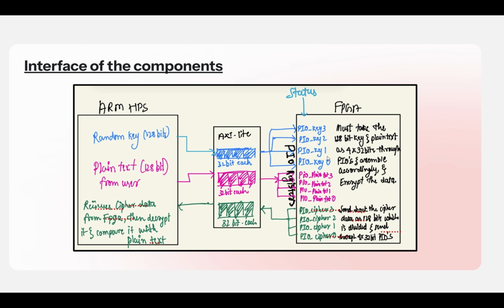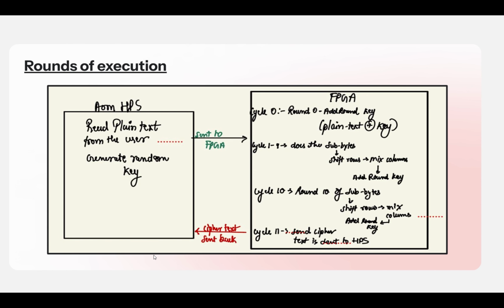After encrypting, the FPGA divides the 128 bits again and sends it back to our ARM HPS, which will decrypt it.